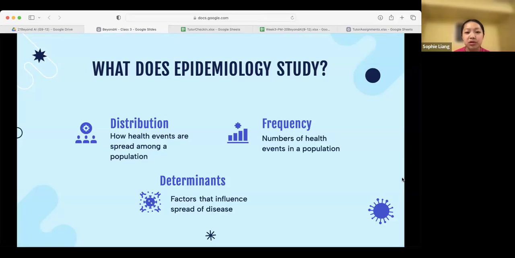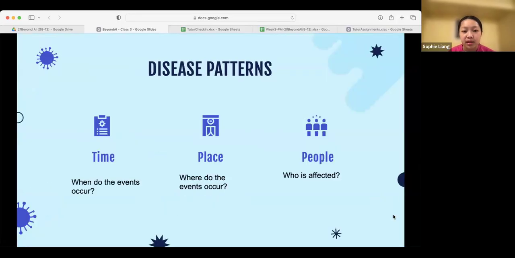For example, close proximity, like if you have a lot of people living in one area, could be a factor that increases the spread of disease, especially contagious diseases. And when you're looking at disease patterns, some details you should look at are time, so when do these events occur; place, where do they occur; and people, who is affected?